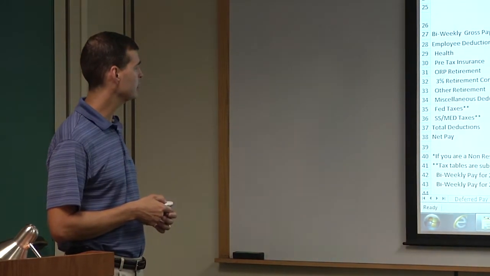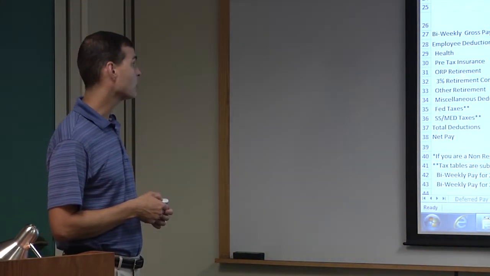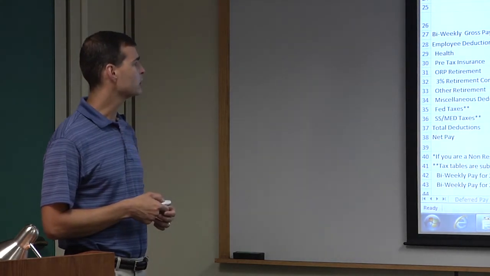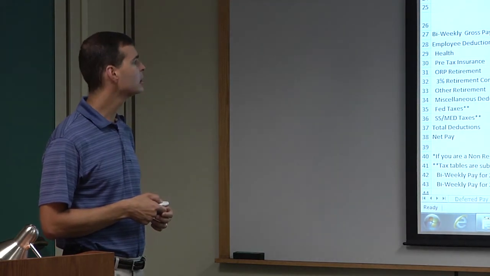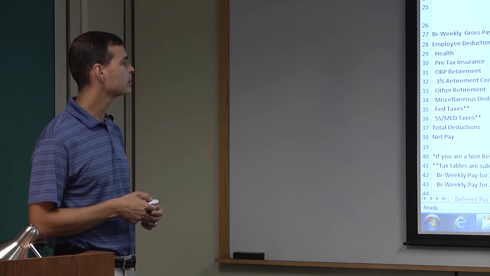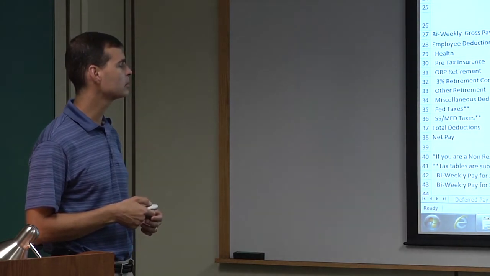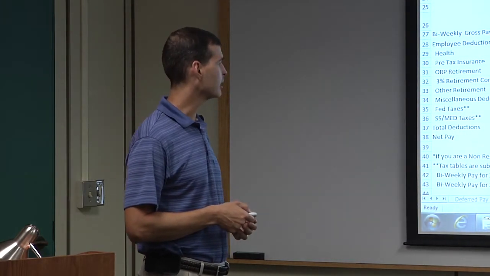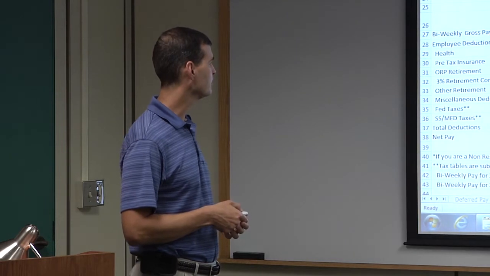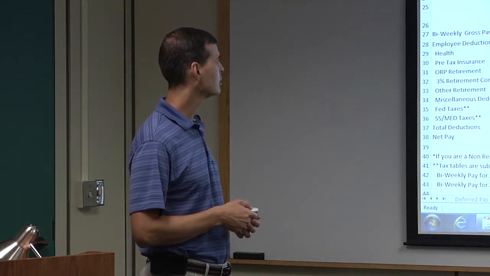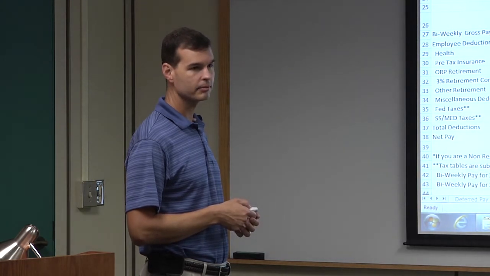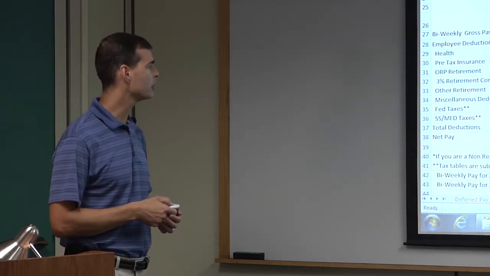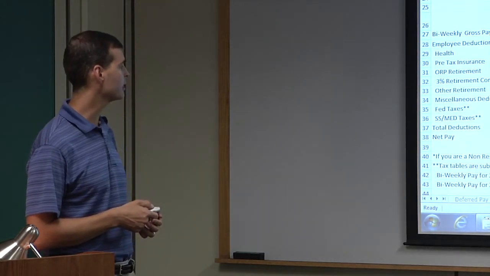And the key thing here is you see if you're an ORP participant, you have retirement contributions currently, and you see if you were a deferred pay participant, they would change, but when you get over here to the May through August period, you have zero coming out. So if you look at the bottom, you got different numbers for all of these. The good thing is you don't have the double deduction for insurance if you're a participant in this plan, but you also don't have retirement contributions coming out during this time.